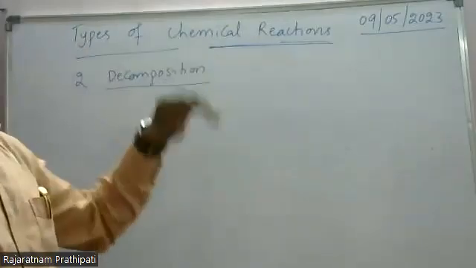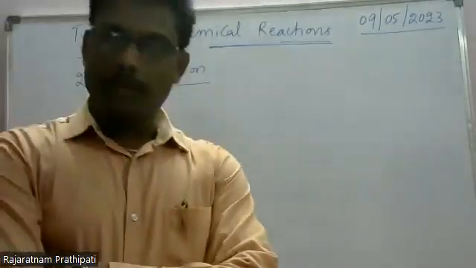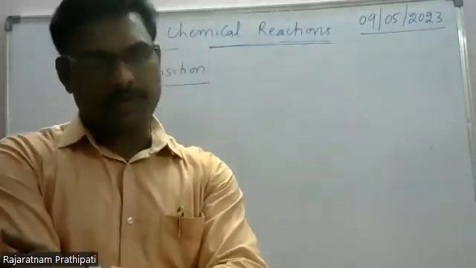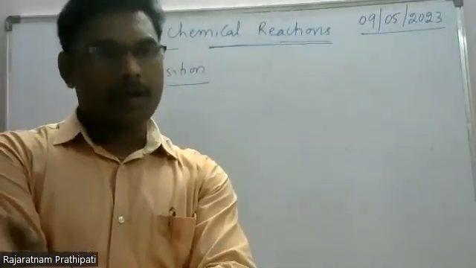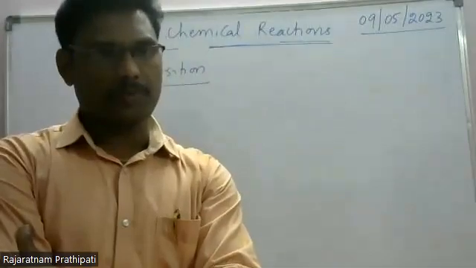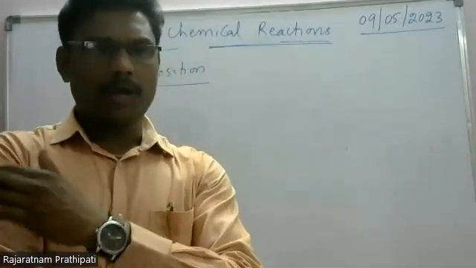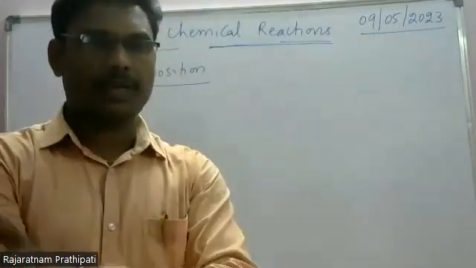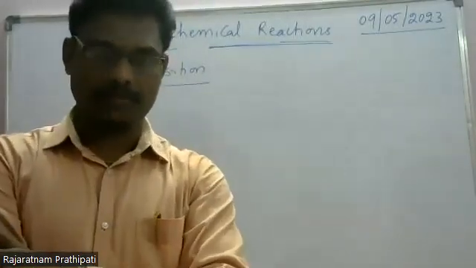Similarly, decomposition reactions: compound gives rise to element plus compound, compound gives rise to compound plus compound, and compound gives rise to element plus element. These decomposition reactions are called analysis reactions.